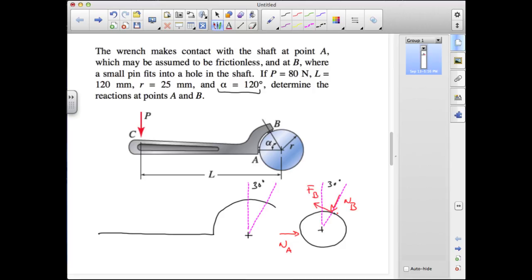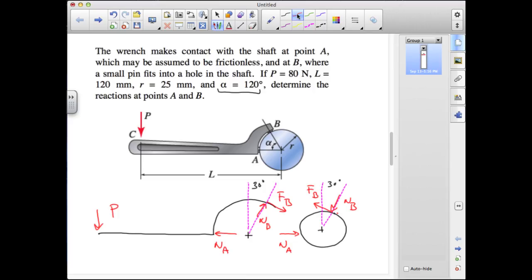We'll then have equal and opposite forces exerted on the wrench. So if the normal force acts as shown on the workpiece, it will act in this direction on the wrench. Same with the normal force at B, and then we'll have equal and opposite force on the spanner wrench. So we'll have FB in this direction, and then we have the force P applied out here at the handle.